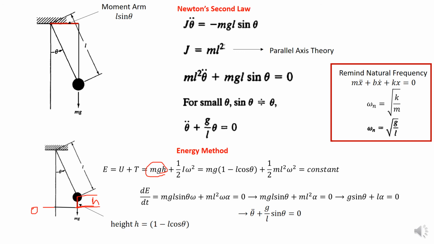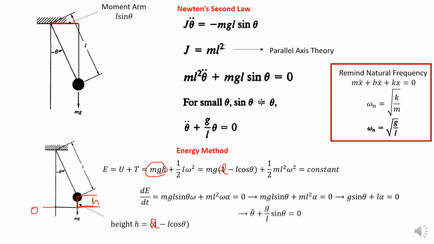Okay, so if I assume this position has potential energy 0, the potential energy will be mgh, and this height should be L minus L cosine theta.